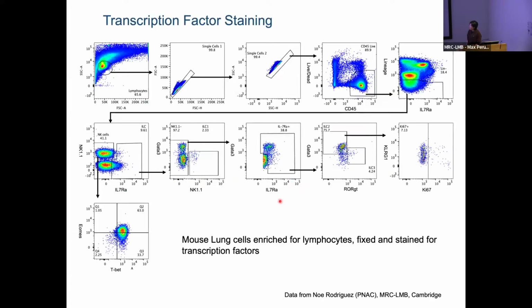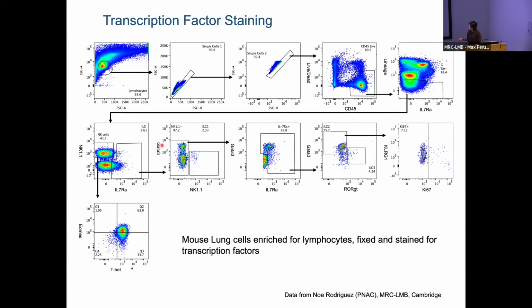We can also look at transcription factors in the cell population. But the difference is when you want to look at transcription factors, the staining process will be more vigorous because the dyes need to enter the nucleus. Here, Noi gave us a good example.